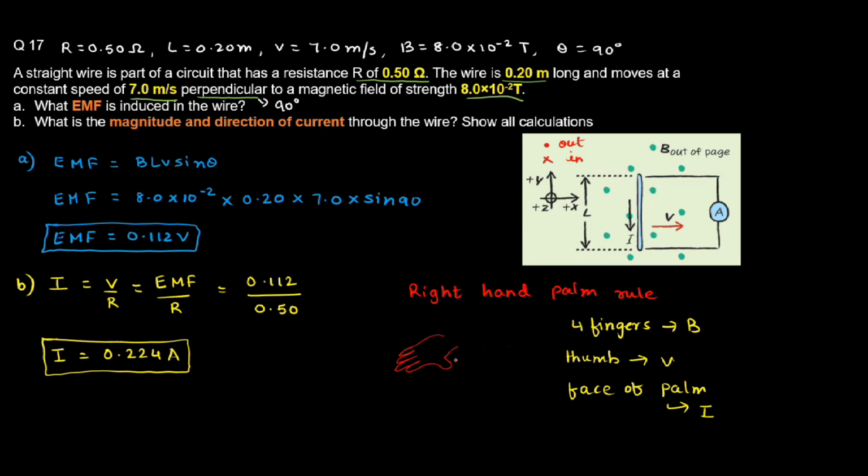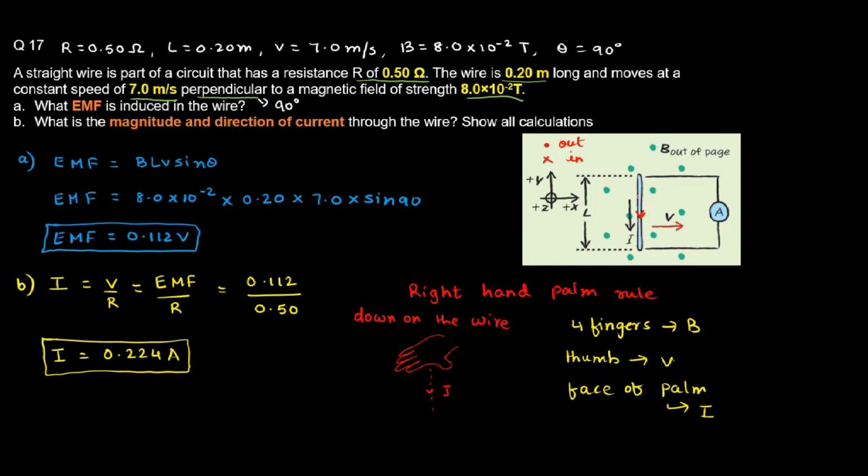And if you look at your right hand, your palm is facing down. So since your palm is facing down, that's the direction of current induced in the wire. So direction of current induced in the wire will be down.